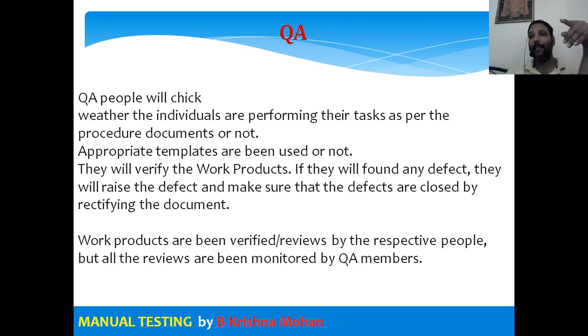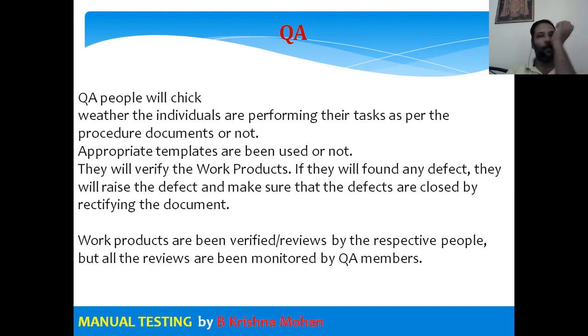This means the test lead does not belong to QA. He belongs to QC. But QA people will check whether the proper reviews have been done or not, whether my document has been reviewed by the test lead or not. So they will be monitoring the review activities, because the QA people don't have the technical knowledge, they can't review the technical documents. So the respective people review them.